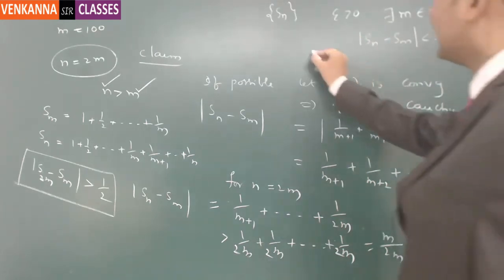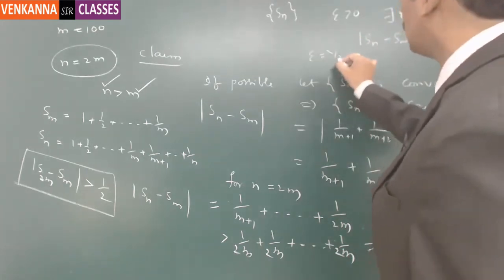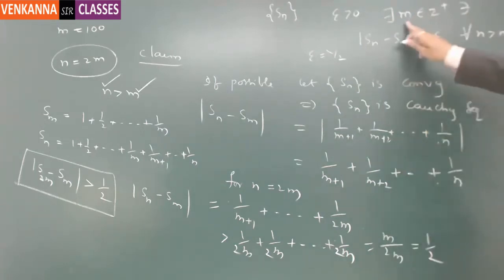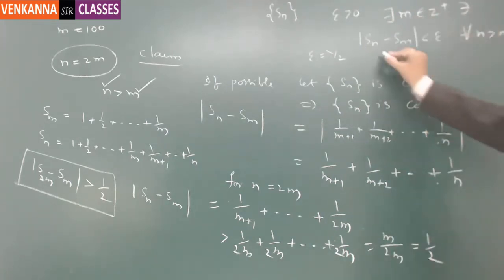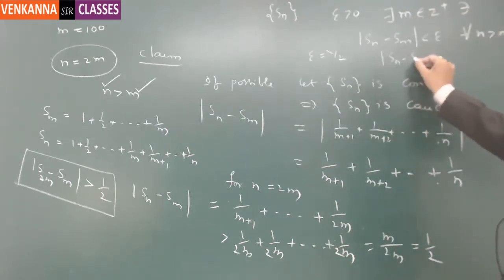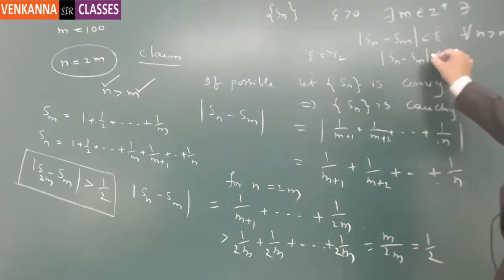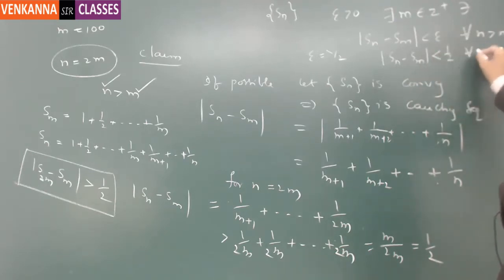So if I say that epsilon is equal to 1 by 2, I can find a term number such that modulus of Sn minus Sm is less than 1 by 2 for all n greater than m.